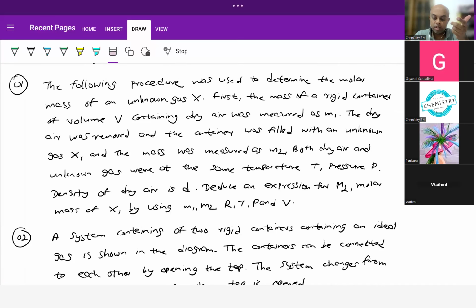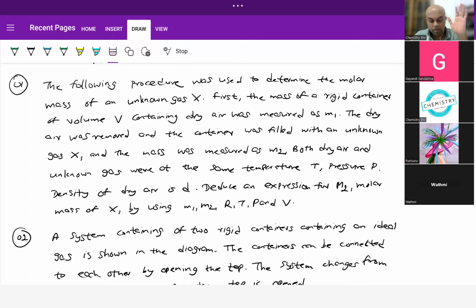Container mass is also there because it is clearly mentioned. Container is also having a mass, right?